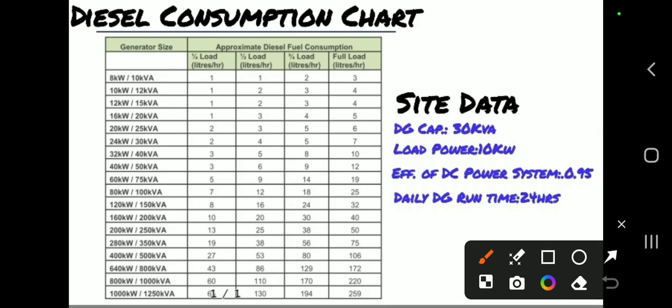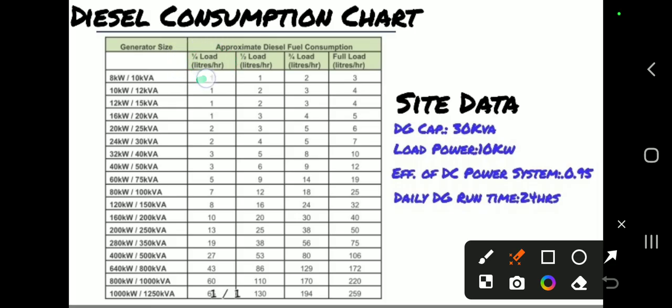Here we have the consumption chart. This is how a diesel generator consumption chart looks like. All these loads are arranged in percentage utilization.